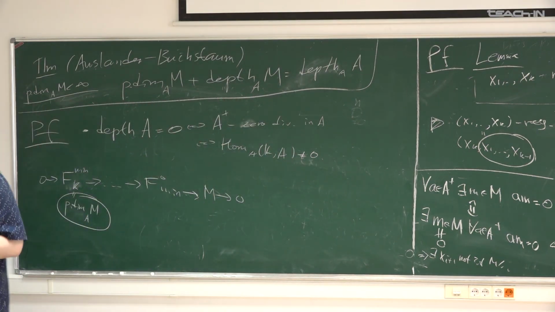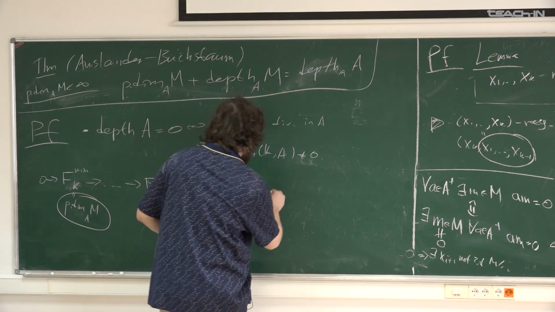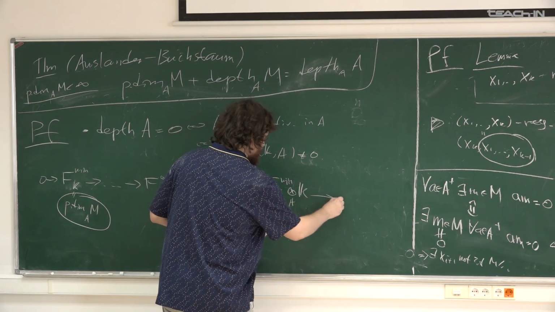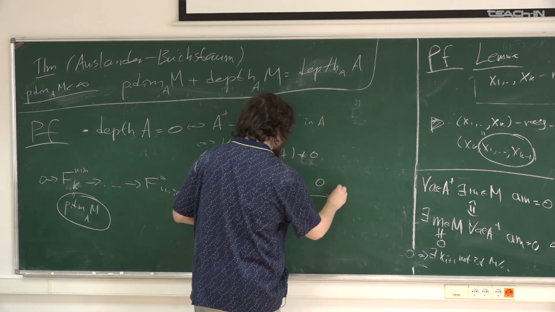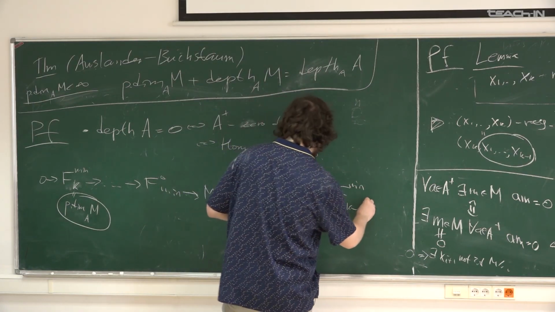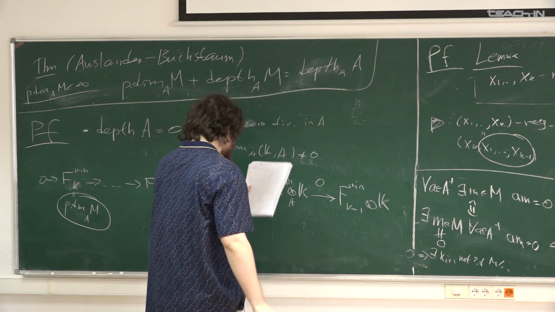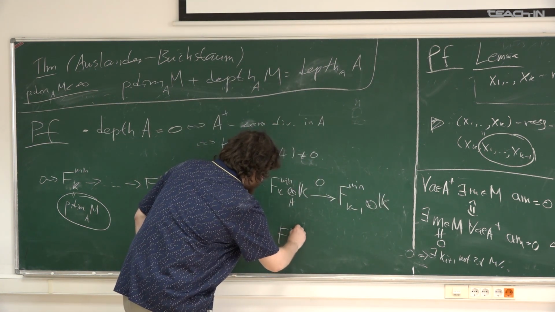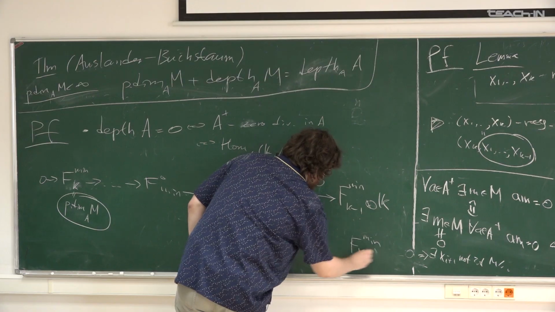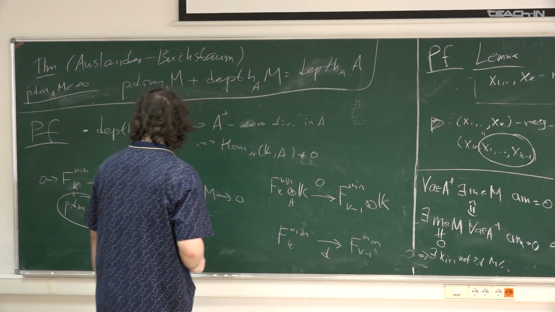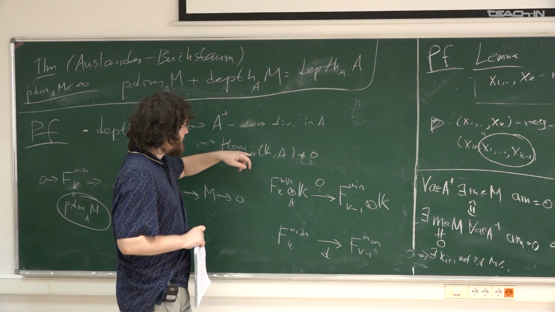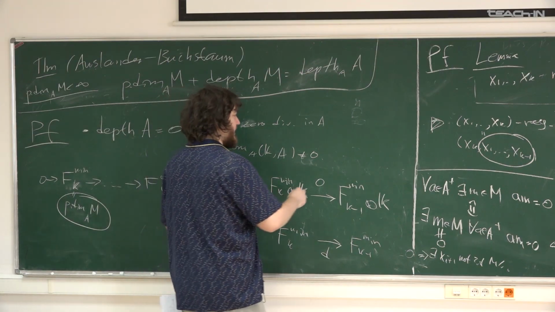So we have the tensor product with k, with its differential. We know that it's 0 in higher terms, except for the last one. Here I have F_n minimal itself, with the differential. Because I know that there exists a non-zero inclusion from k to A, I can consider it.